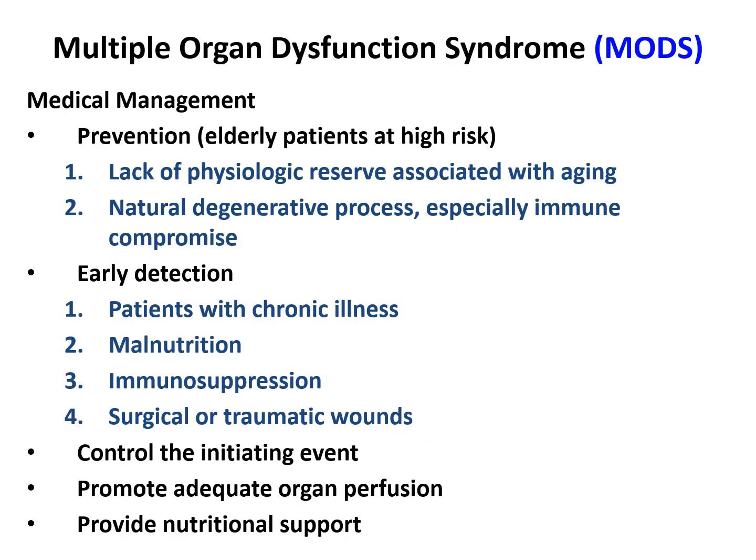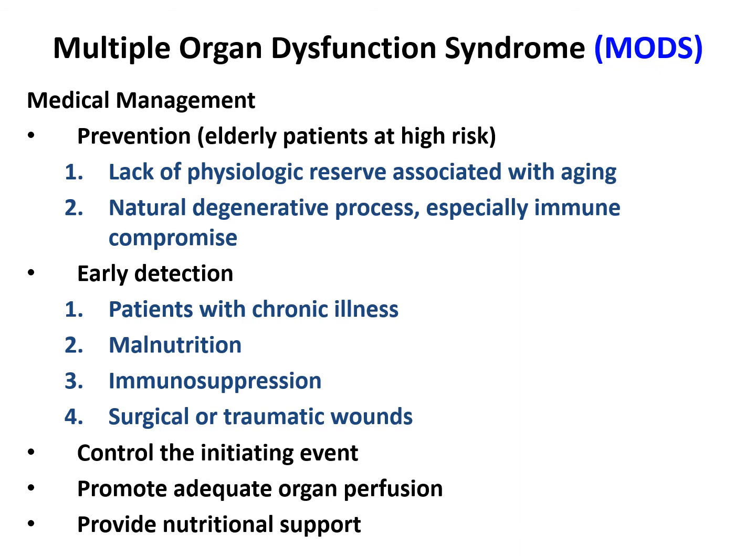With multiple organ dysfunction syndrome, there are a lot of things that we really want to do. One of the things that we want to do is prevent it, especially in elderly patients who are at high risk. The elderly patients have that lack of physiologic reserve that comes along with aging, and what I mean by that is that their compensatory mechanisms are not as effective as younger adults or children.